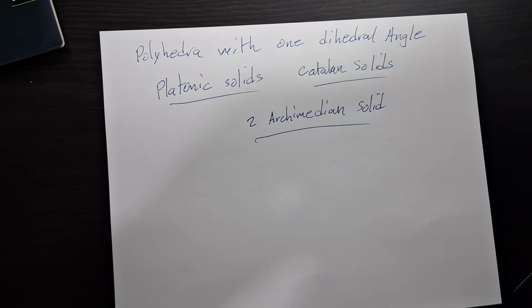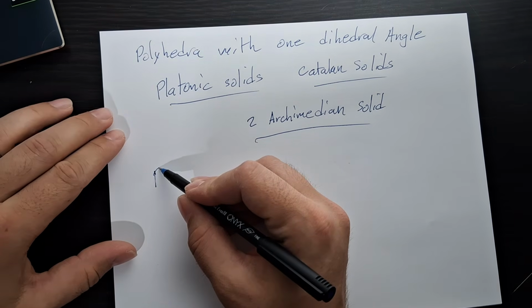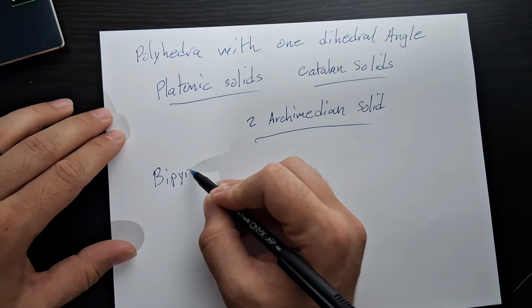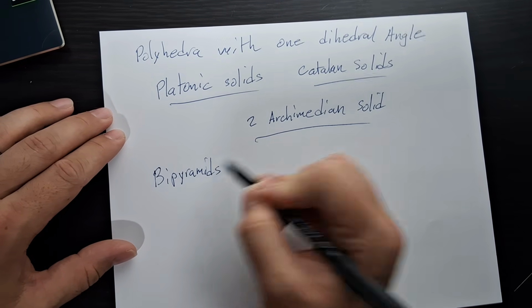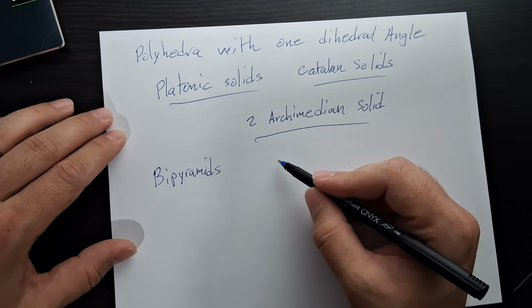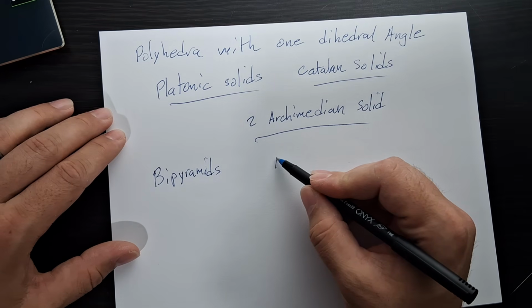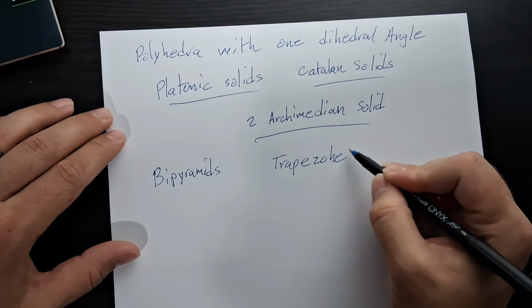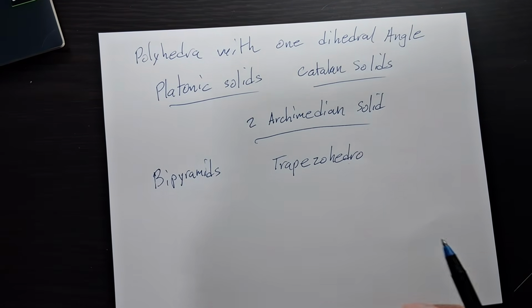There are some infinite families. We have bipyramids. We have the trapezohedra, the various different trapezohedra.